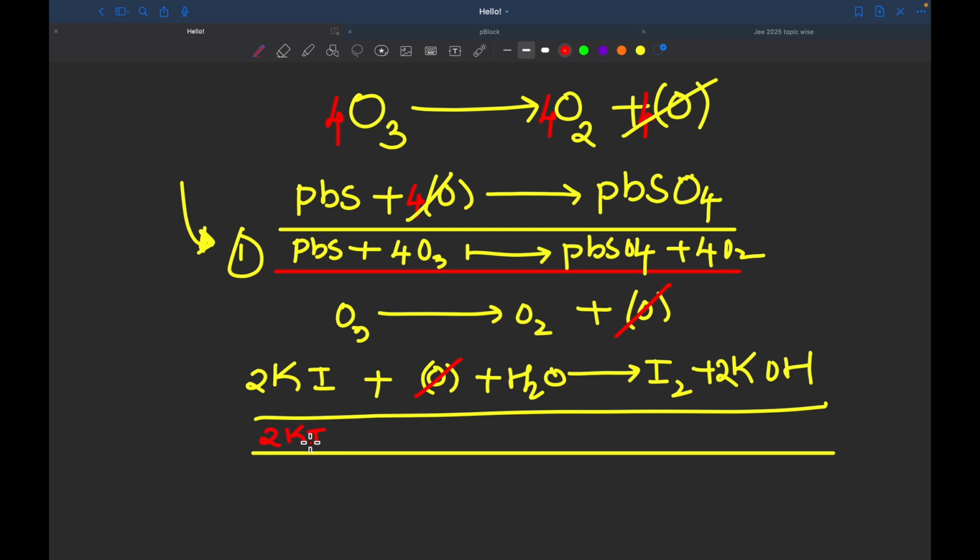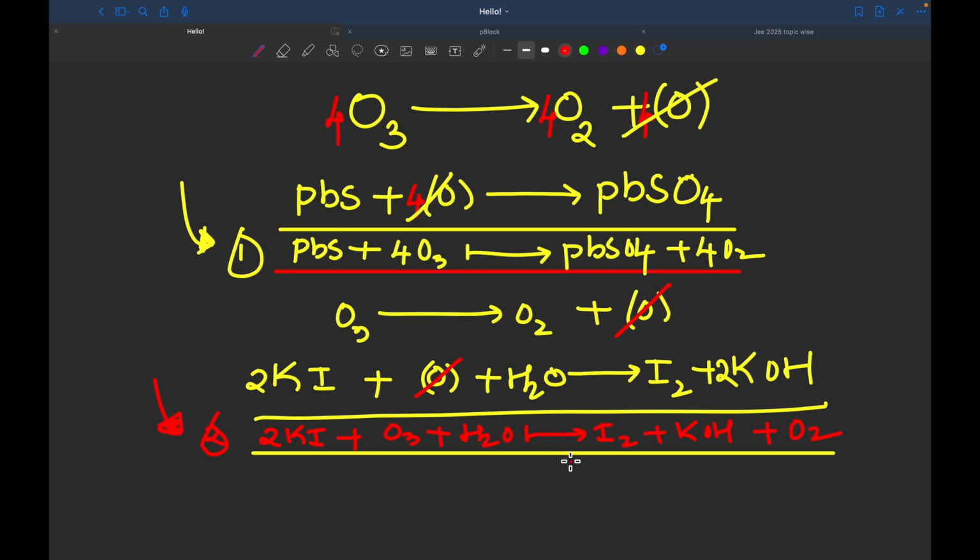2 moles of KI plus O3 plus H2O gives us iodine gas plus 2KOH, and oxygen gas is released. So these are the two reactions mentioned for ozone. There are many reactions related to this.